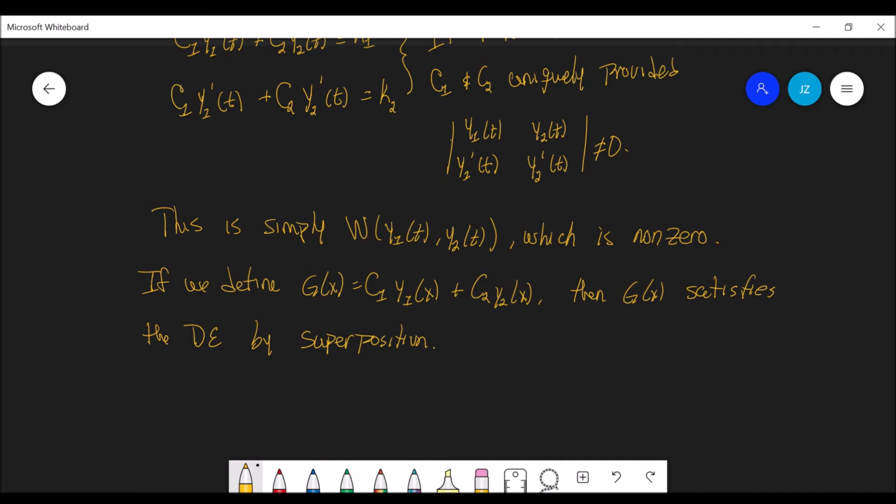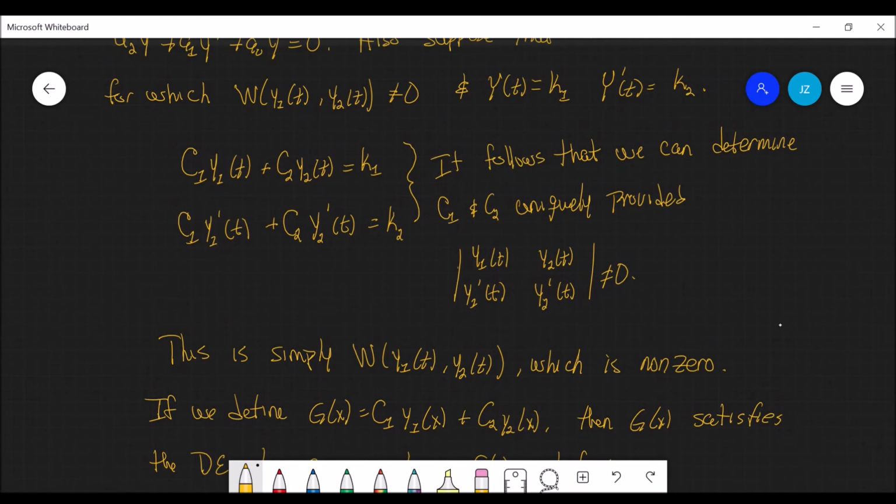Furthermore, g of x satisfies g of t equals k1 and g prime of t equals k2. This is by these two equations right here.